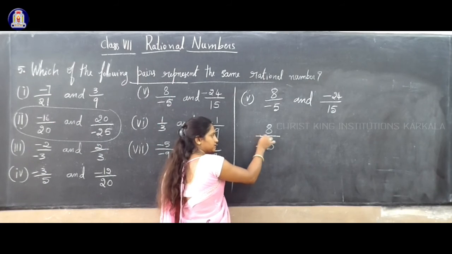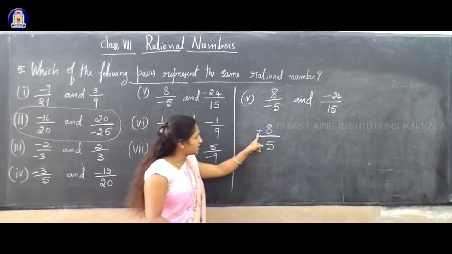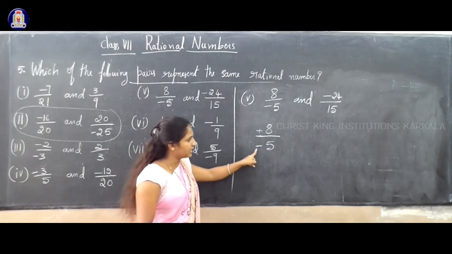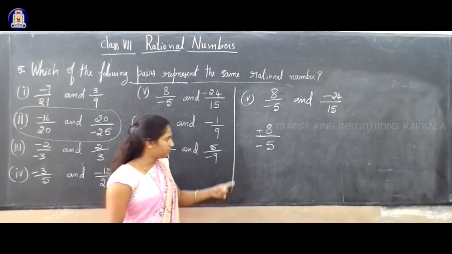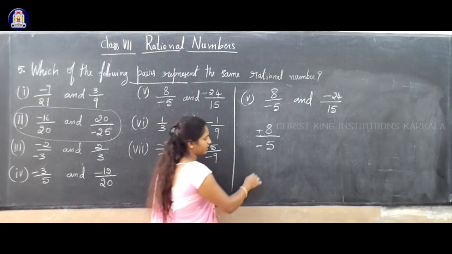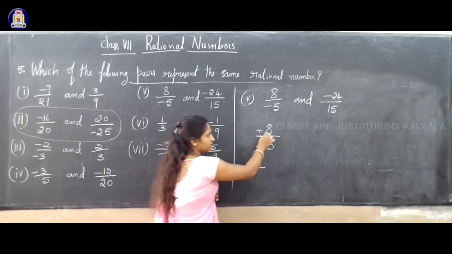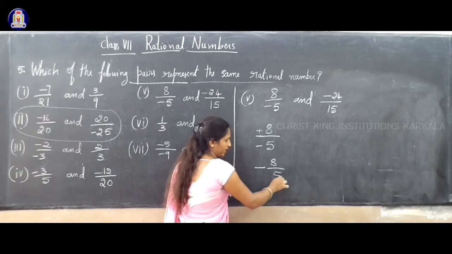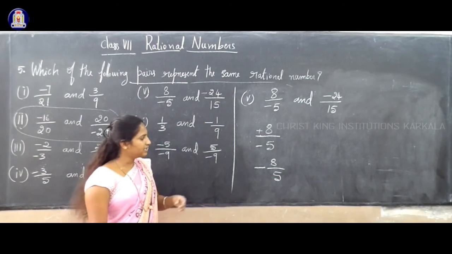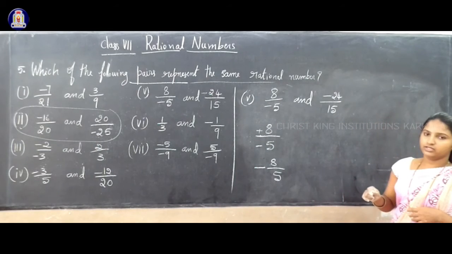The sign in the numerator is plus and the denominator sign is minus. So apply plus minus, which is minus. The number is 8 by 5, so minus 8 by 5. And here, minus 24 by 15.